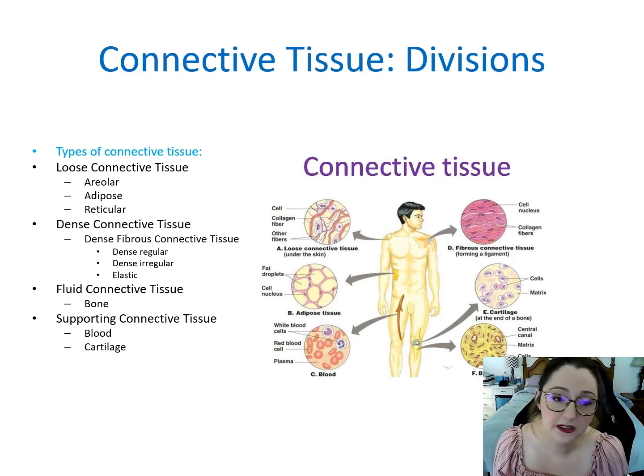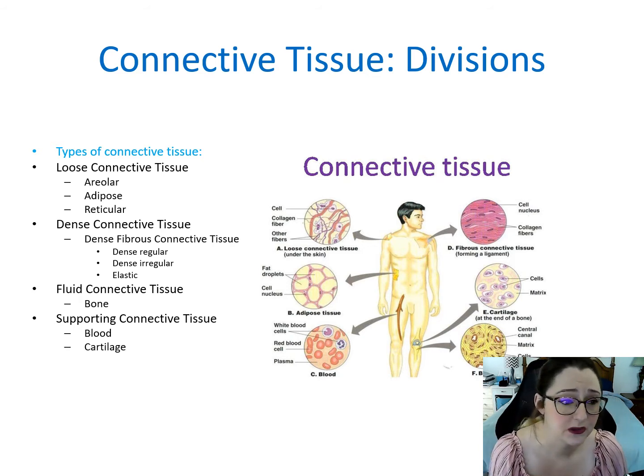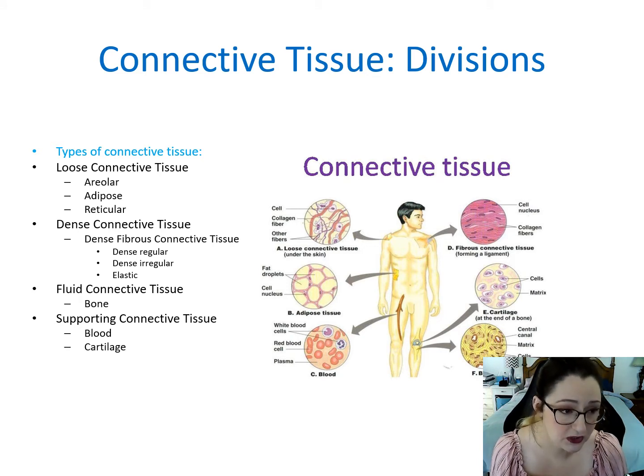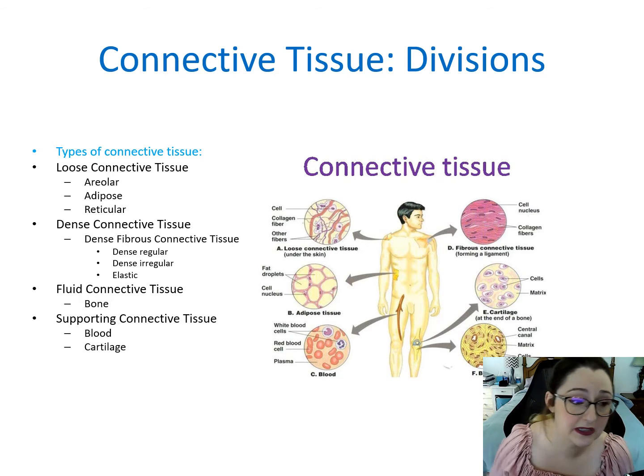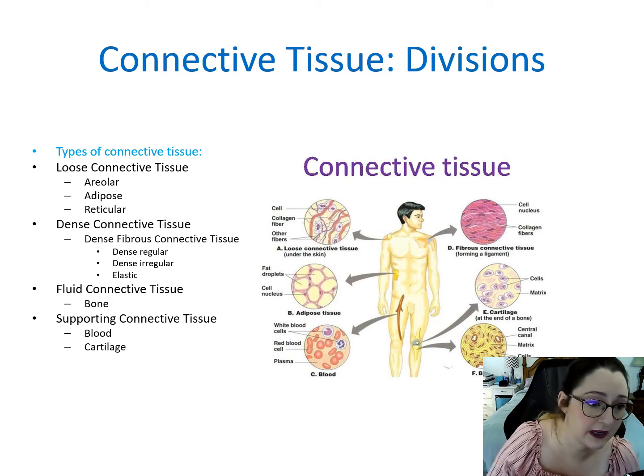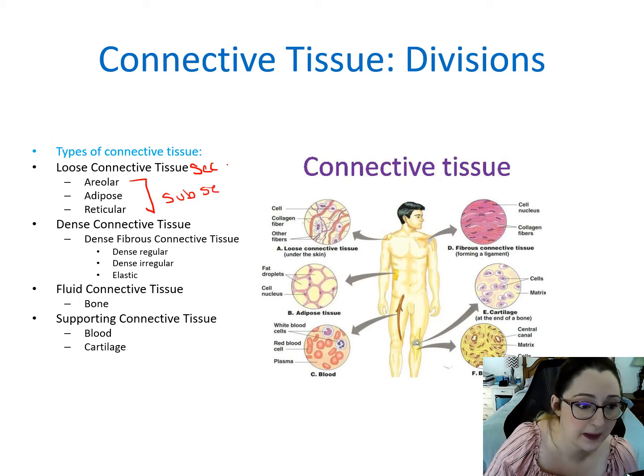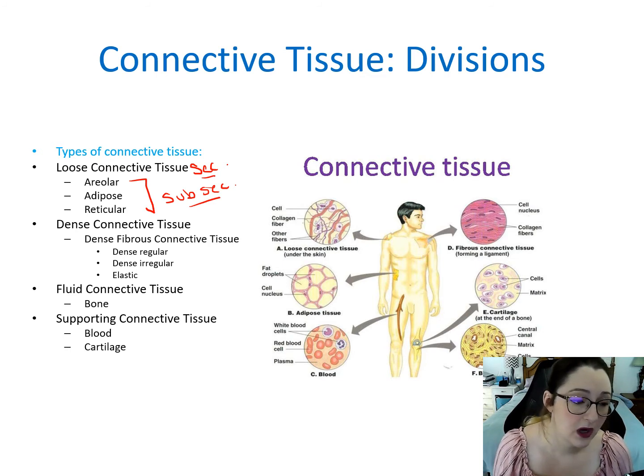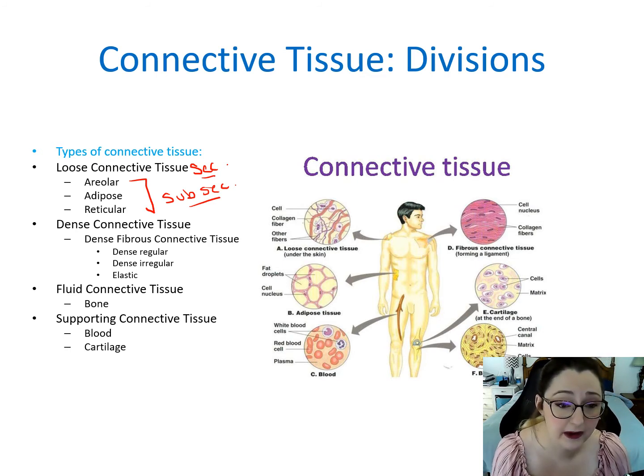So here are the divisions of connective tissue. So let's start with the types of connective tissue first. So we have loose connective tissue, which is going to include these types. So this is sort of like a section, and then we have some subsections. But I want you to know everything. So of the loose connective tissue, we have areolar, adipose, and reticular.